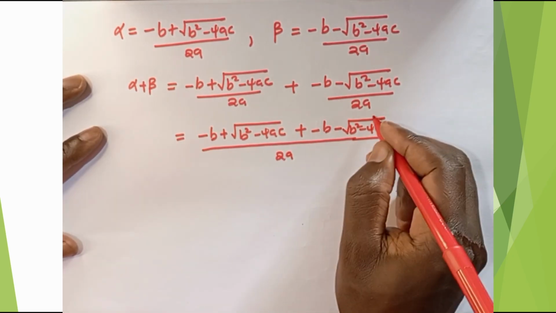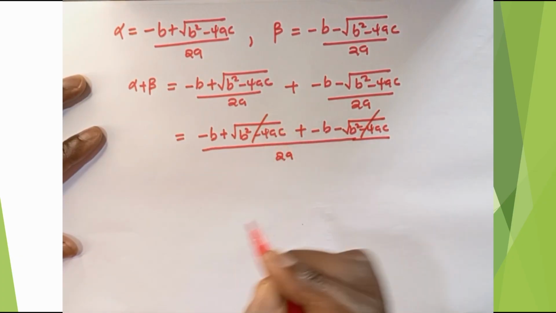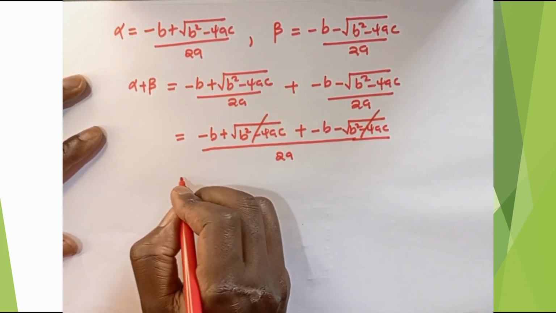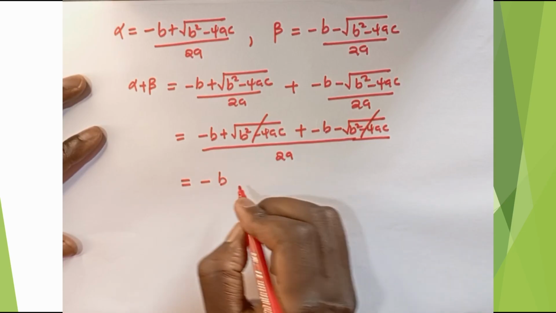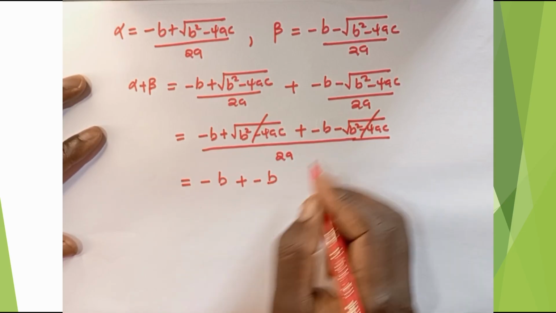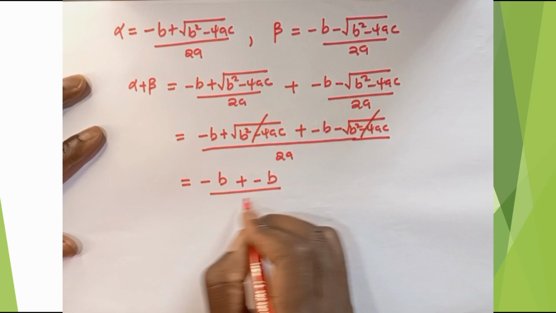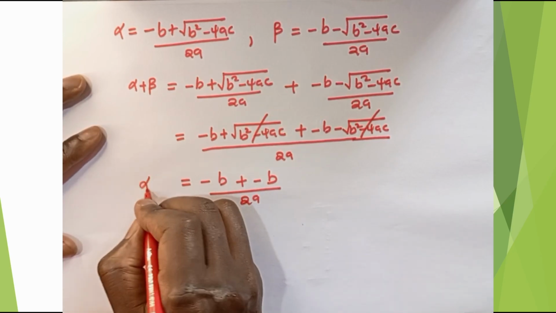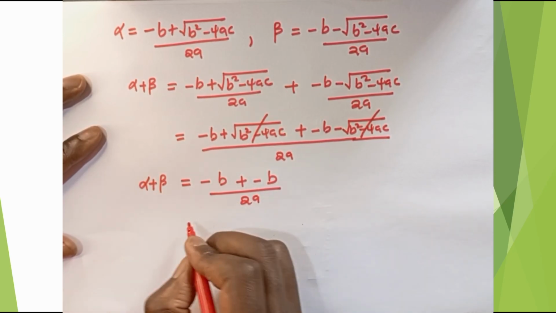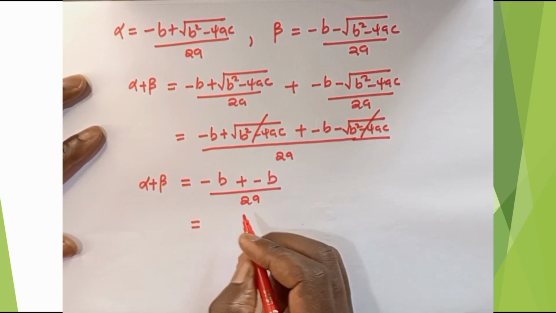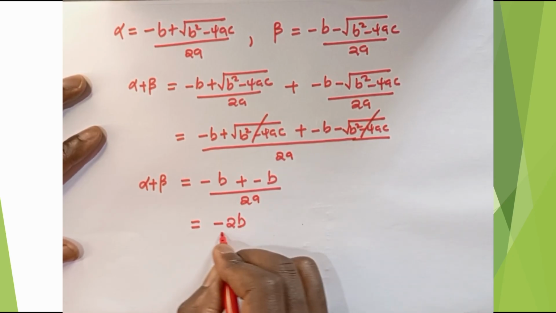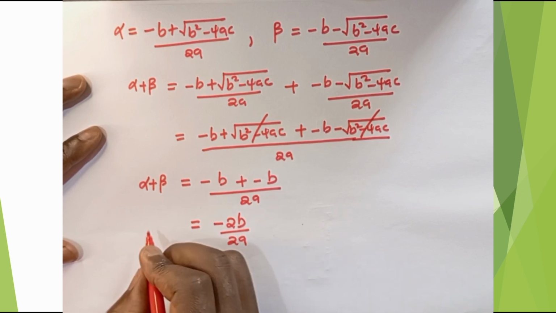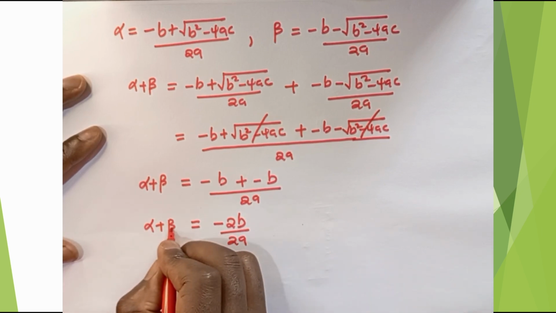Now, if you see clearly, this can cancel with that. If they cancel, we end up having negative b plus negative b out of 2a. It is our alpha plus beta. Simplifying this, we end up having negative 2b out of 2a is alpha plus beta.